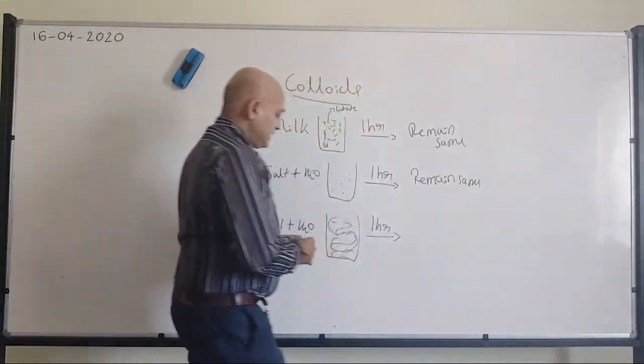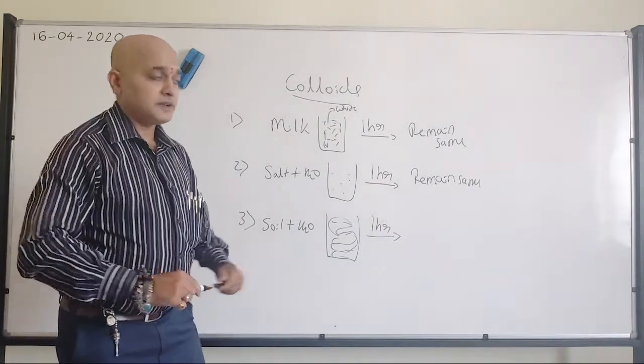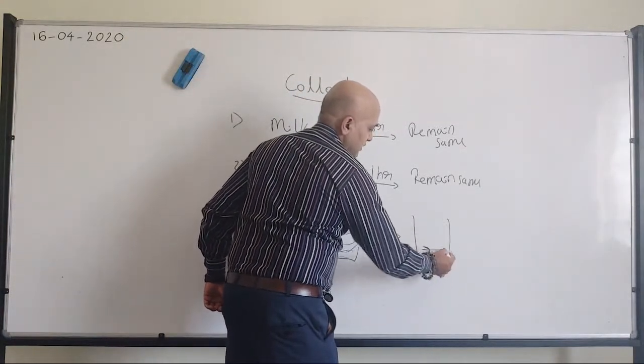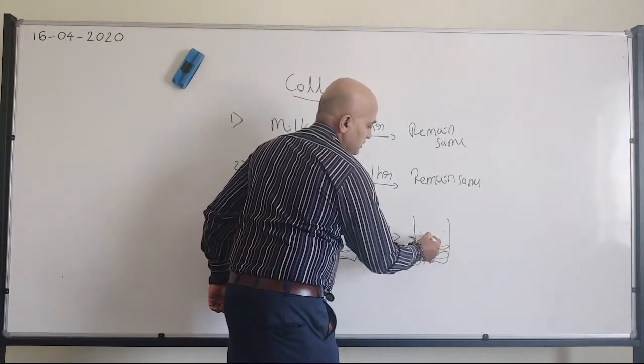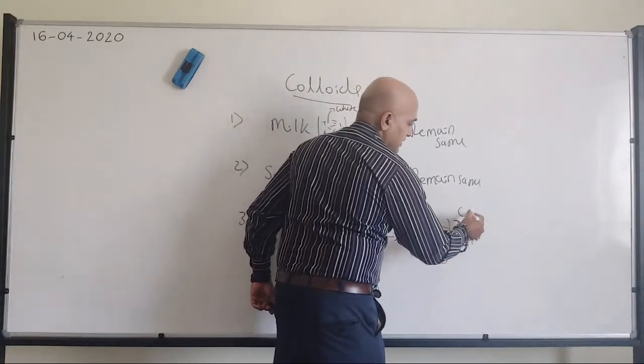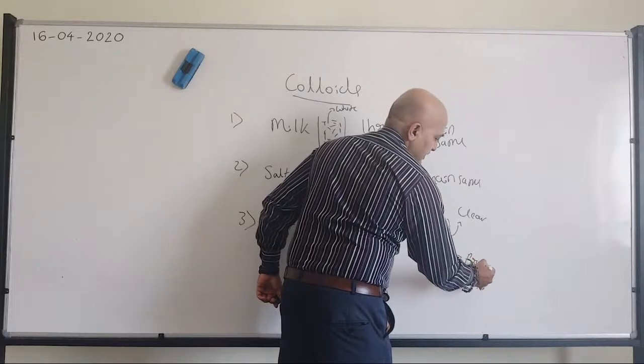But if you go to the last one, now there will be formation of two layers. The upper one will be a bit clear solution, but in the lower one there will be precipitate.